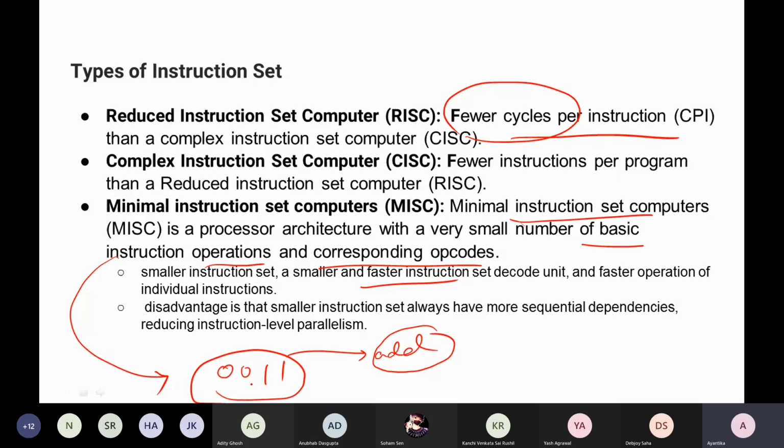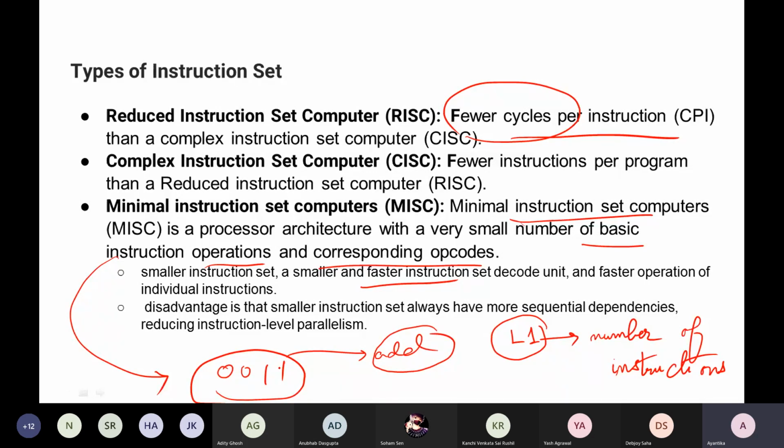Now say you have a whole list of instructions, L number of instructions in your instruction set. If L is very small, the time to search this opcode will be very minimal. So it will be faster.